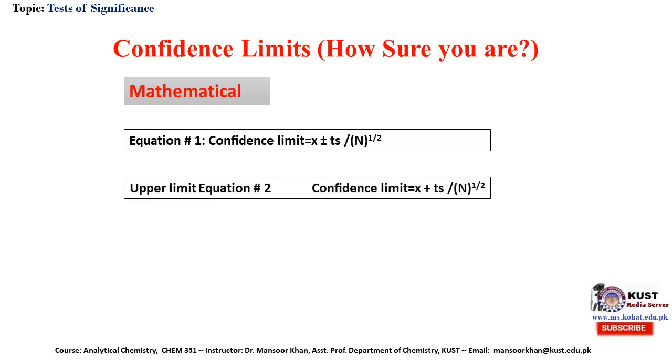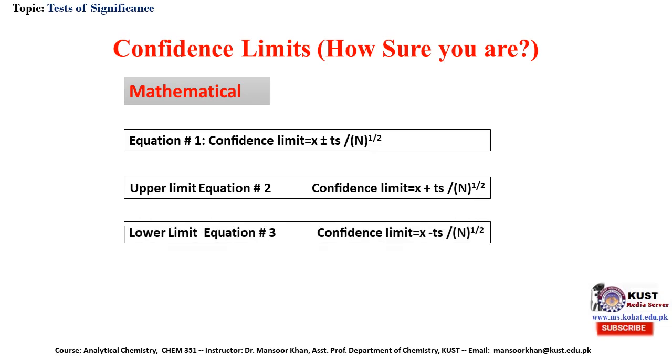For the upper limit we have equation 2: x plus ts divided by the square root of n. For the lower limit we have equation 3: x minus ts divided by the square root of n. So equation 1 is used for generalized confidence limits, equation 2 for the upper limit, and equation 3 for the lower limit.